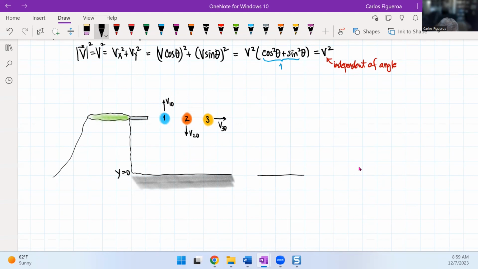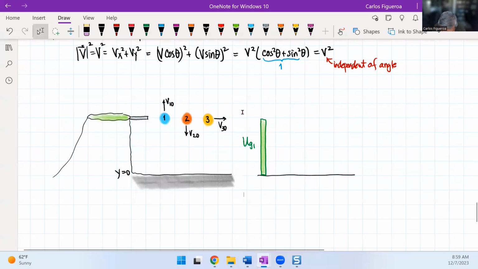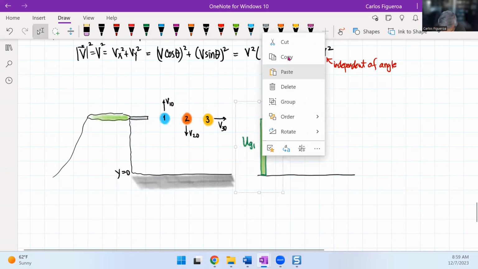So if this is my ground level, then you could see that these guys have this amount of potential energy for UG1. So now I can copy these because they all have the same height.